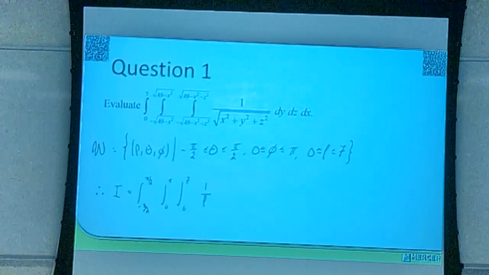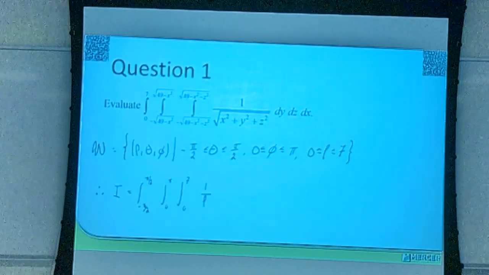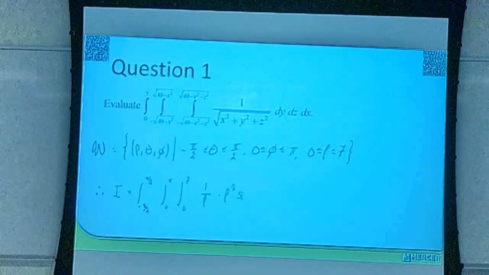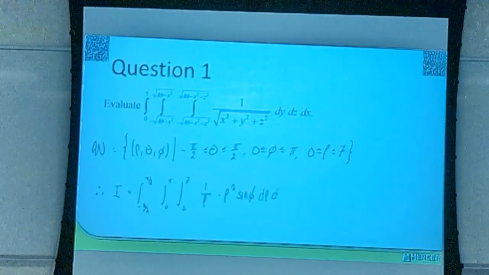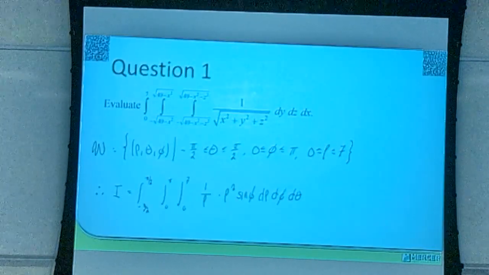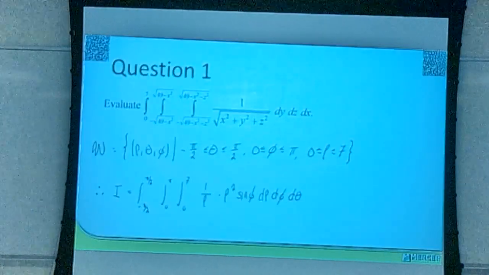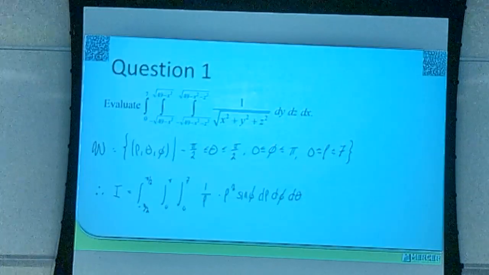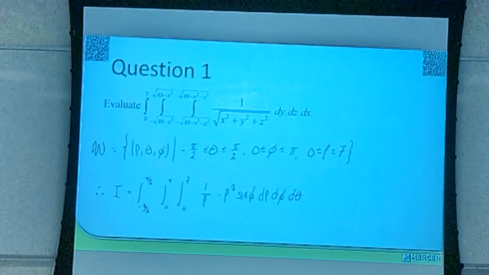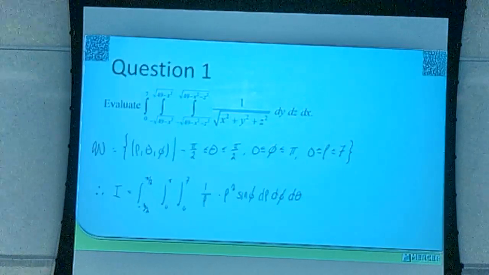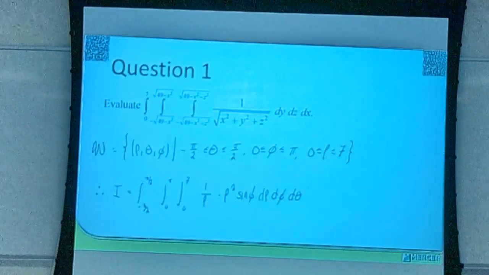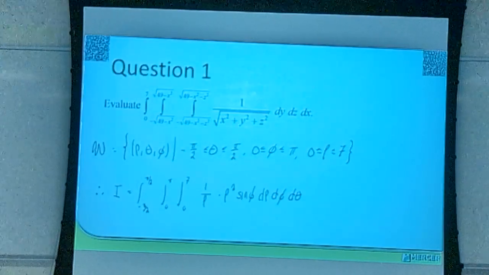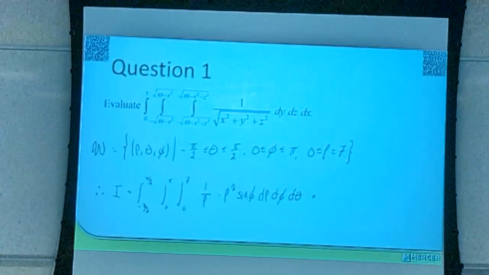Now the volume differential: rho squared sine phi d rho d phi d theta. Oh. There's no theta anywhere. The length from minus pi over 2 to pi over 2 is just pi, isn't it?